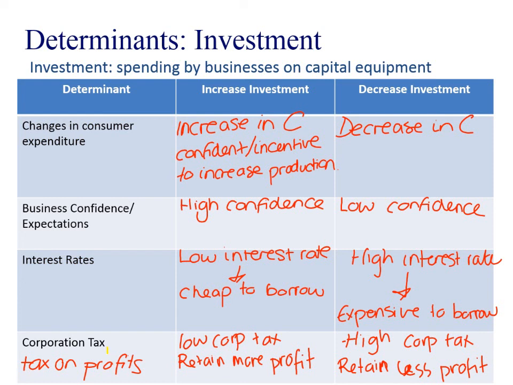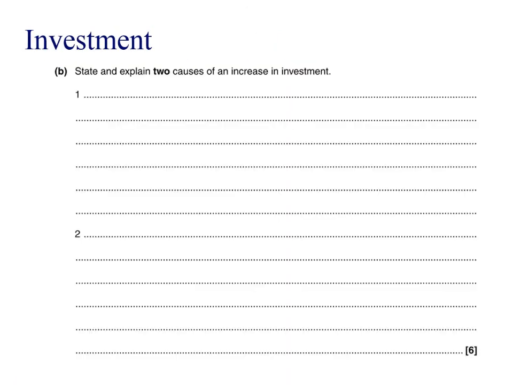And if there's low corporation tax, which is the tax on profits, it means that you keep more of your profits, so there might be an incentive to invest, especially foreign, you might get FDI, foreign direct investment, if you've got low corporation tax rates. Because there's a real incentive, as you retain a lot of your profit.